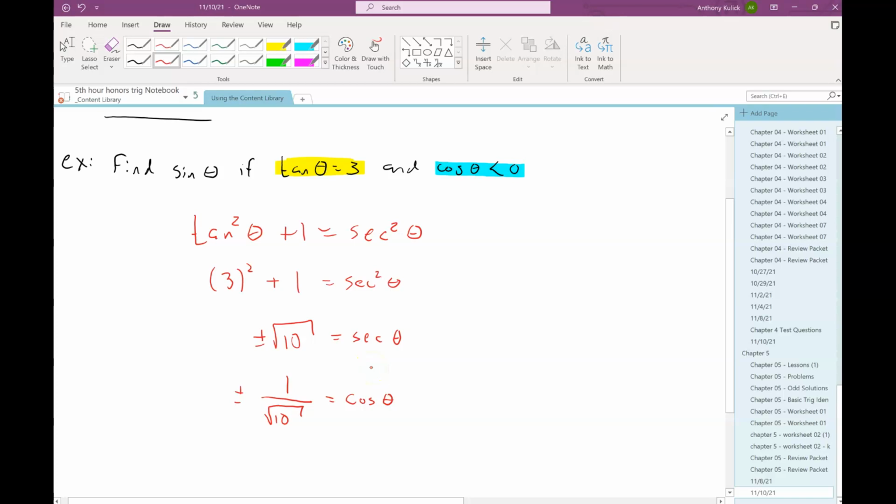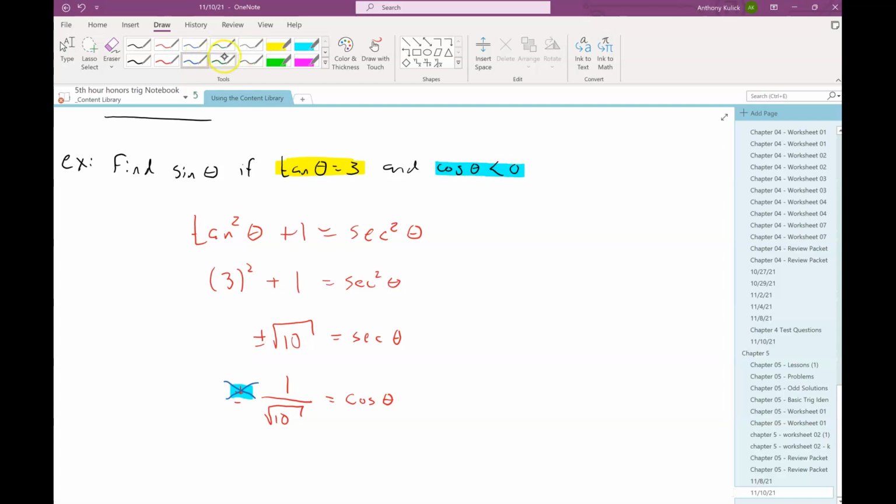Since secant is the reciprocal of cosine, or cosine is the reciprocal of secant, think about it either way is fine, I can say that, right? And since cosine is negative, I know I can drop the plus from the plus or minus, and that this has to strictly be negative 1 over the square root of 10. So far, so good?